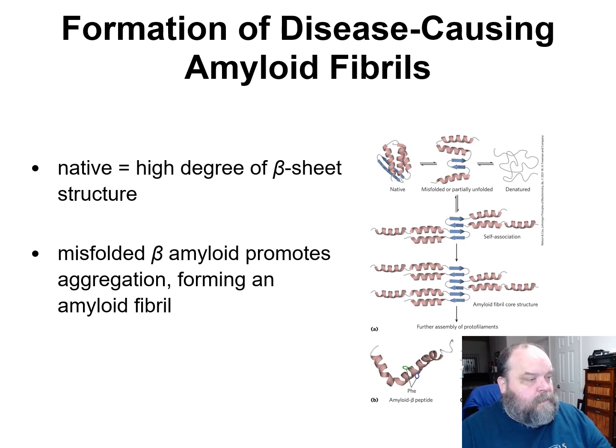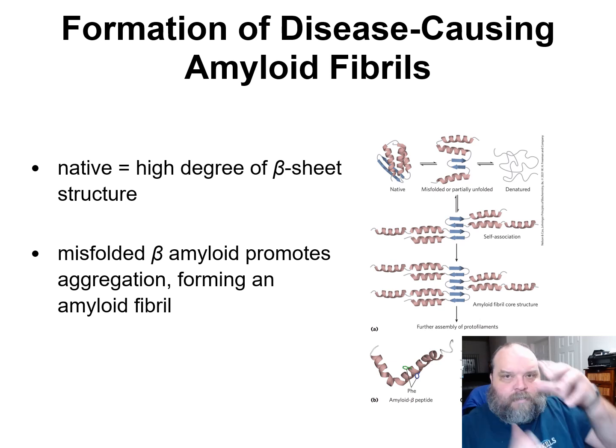But instead of everything folding correctly and giving us this amyloid peptide that can interact with others, we start to see this fibril forming, where it starts to aggregate.